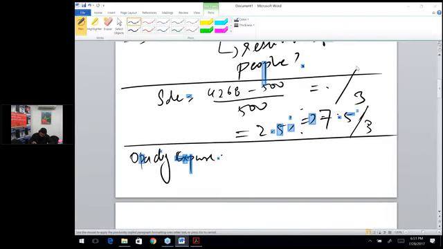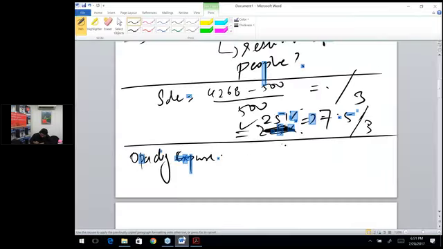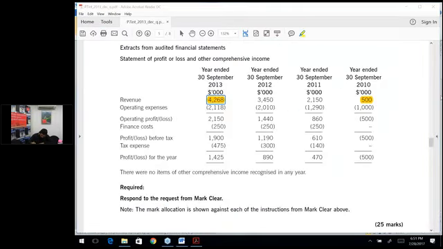Okay, so the correct one of them is 251.2. The answer is not 2.5%, it's 251%. So it's a rapidly growing company. The operating expenses have grown by what? It's approximately 1200 gives you 40. Is it 40% or what? Okay, approximately 37%. Now what else?